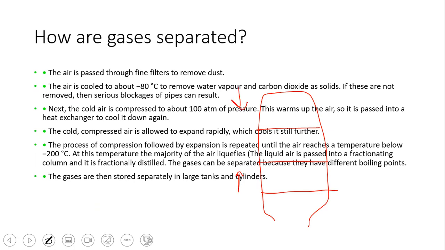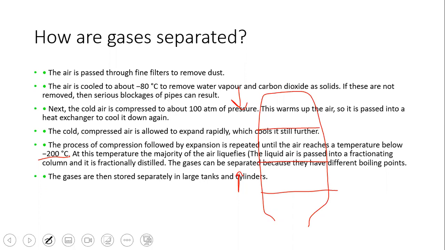So what happens is that you cool down the air. You take it all the way to minus 200. You cool it down until the air turns into a liquid from a gas. And after that, you put it in the column. Now, in the fractionating column, every area has a different temperature.